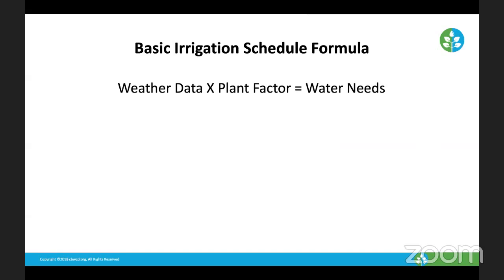Now what? Now we can start doing a calculation. This is a very basic irrigation schedule; you can do a lot more factors, but at a basic level, to figure out how much I should water, we take the weather data, which is the information we got from CIMIS, times the plant factor, and that gives us the water needs for our plants.